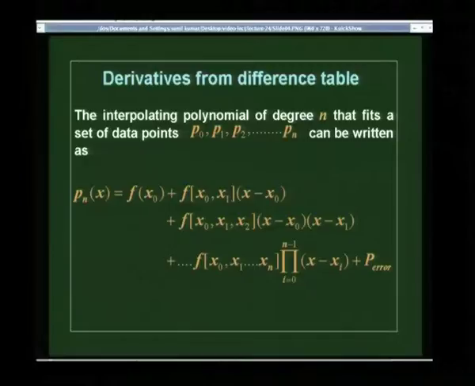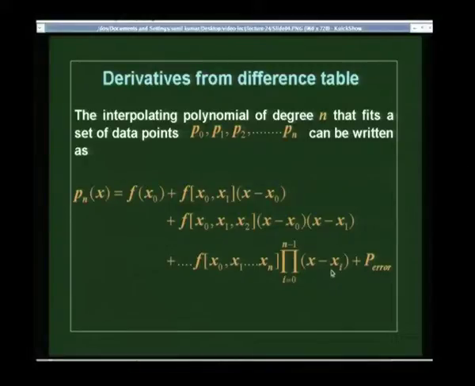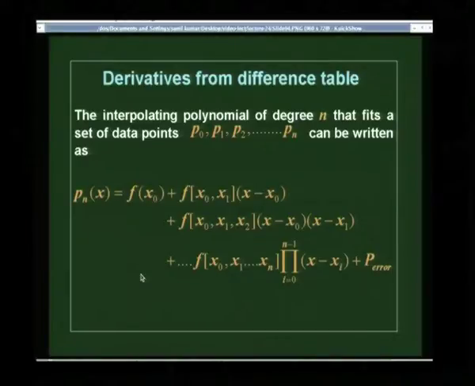So, for the nth order term, we will have to find the product of n terms, that is x minus x0 into x minus x1 into x minus x2 up to x minus xn minus 1. So, we have to find that product first and then multiply that by the coefficient, and then add it to the next product and multiply it by the next coefficient, etc. That is what we have been doing here.